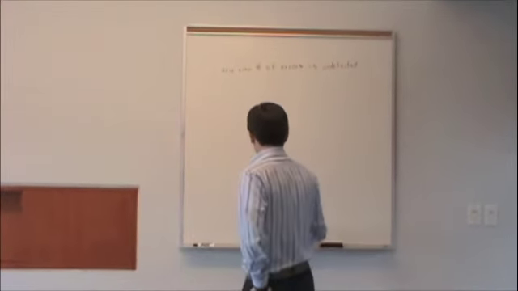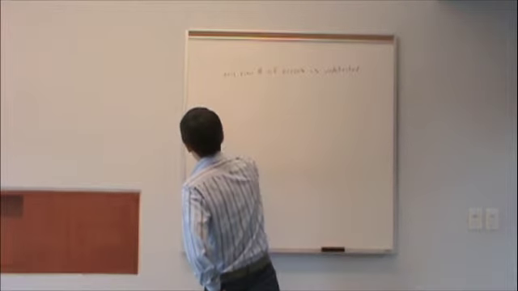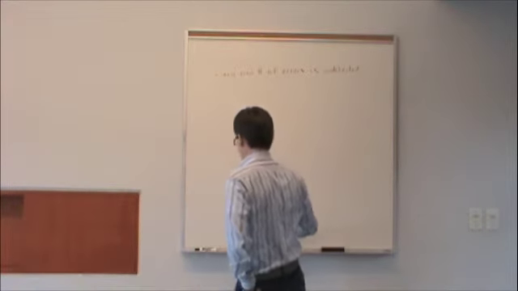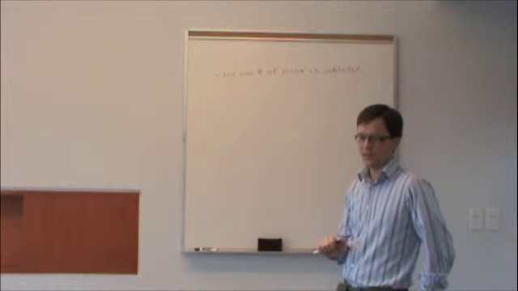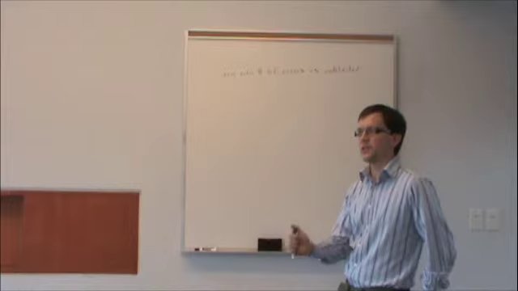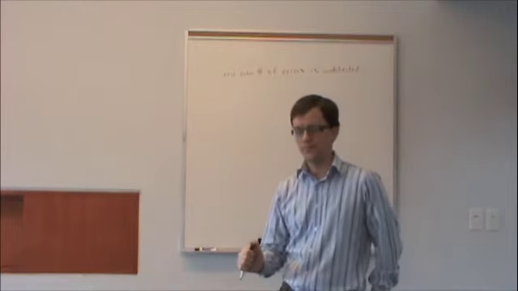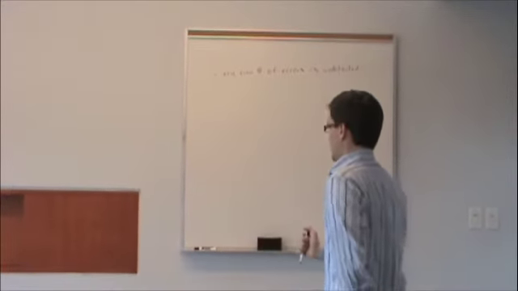So if I gave you the single parity check code, and I asked you how many errors can this detect, we know that it can detect 1 error. And then I ask you, can it correct any errors?